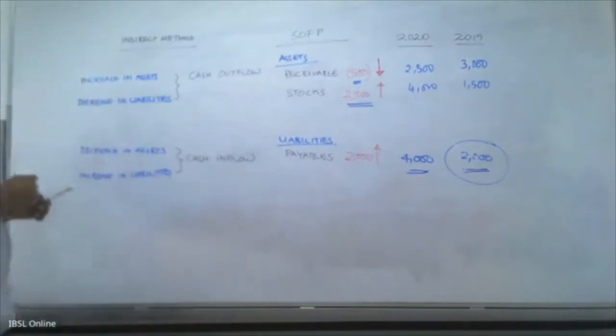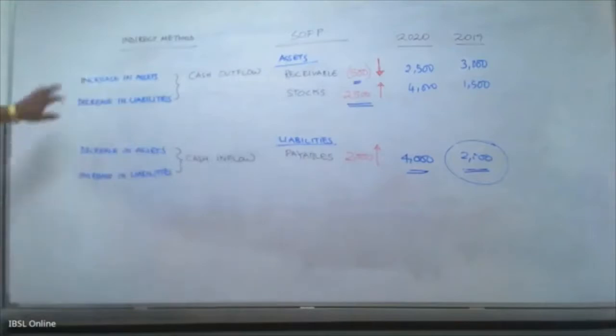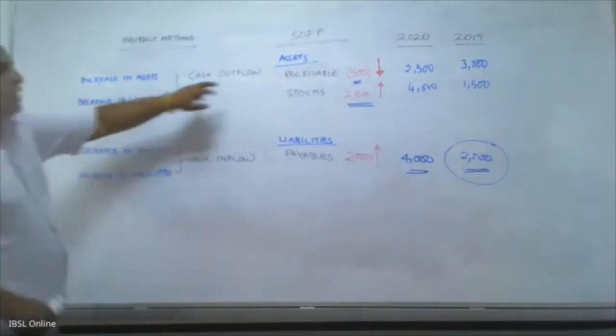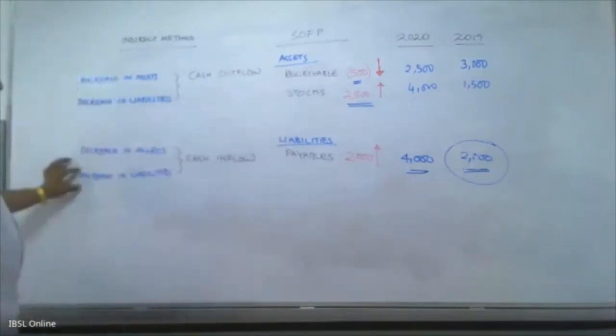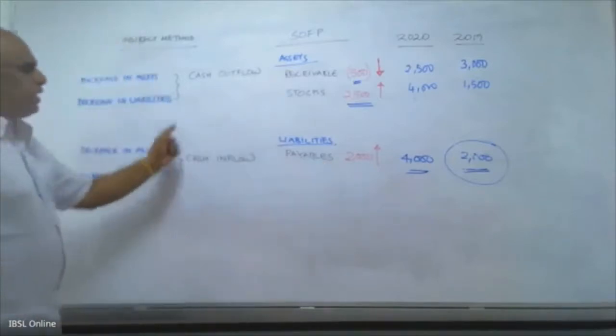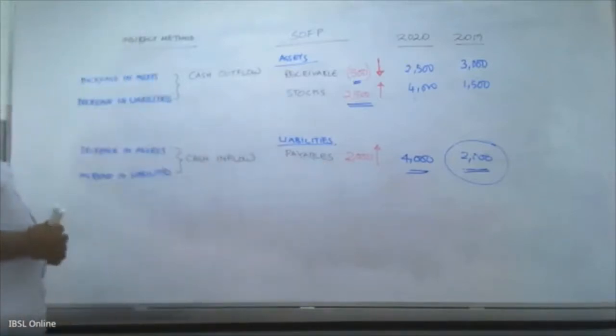You have to remember this like a mantra. Increase in assets and decrease in liabilities, the opposite of it will be cash outflow. Decrease in assets, which is the receivables, and increase in liabilities, which is the payables, is a cash inflow.